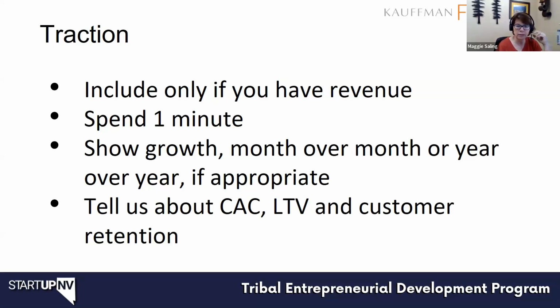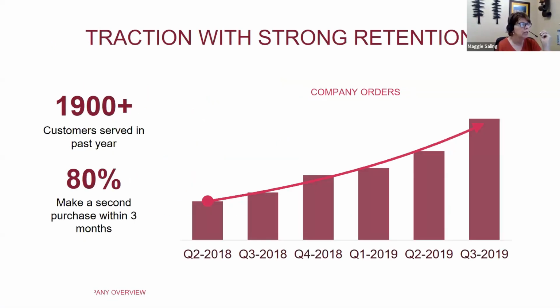So here is my only good example of traction. So this was a subscription service where a product was being sent every quarter or every month. And they started off with just quarterly deliveries. And so this slide is nice.